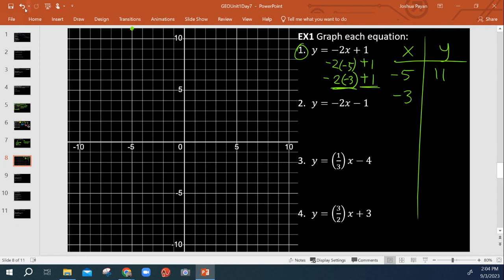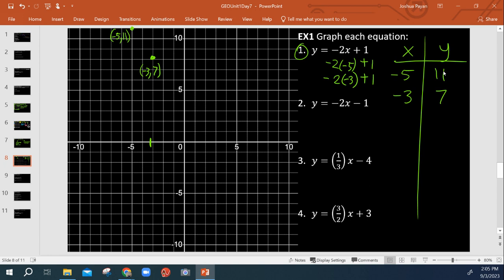Positive 6 plus 1 is going to give me a 7. So at negative 3, we know we're going to be at positive 7. So we have negative 5 by positive 11, negative 3 by positive 7.